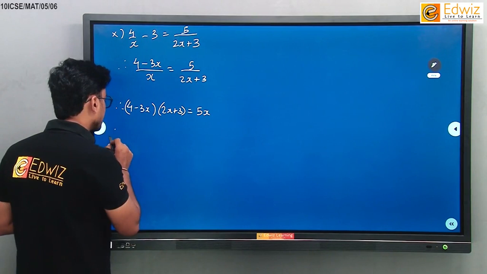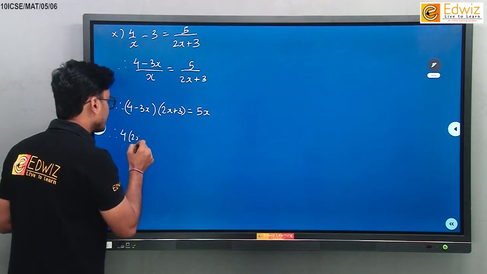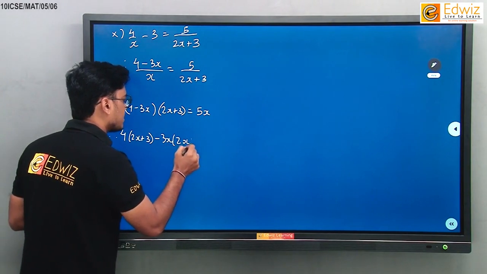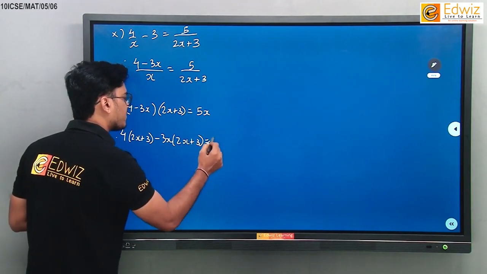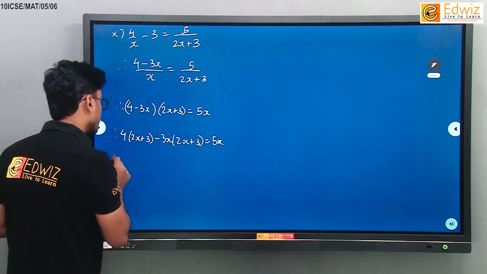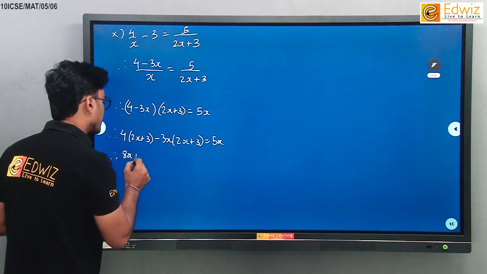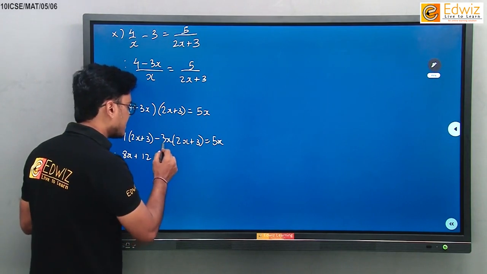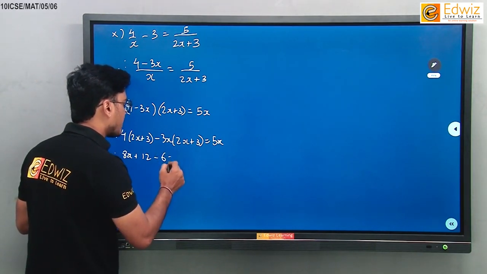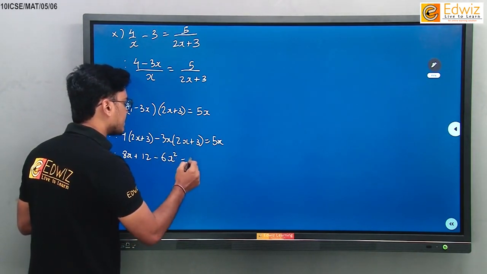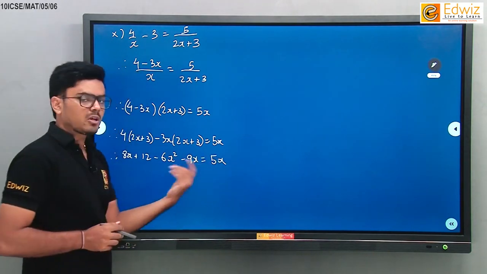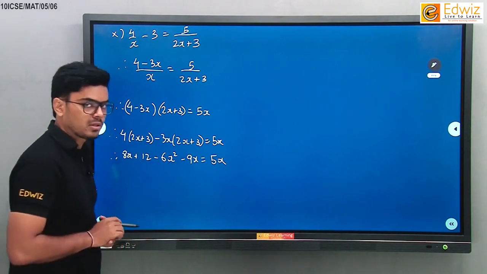Open these two brackets: 4 multiplied by 2x plus 3, minus 3x multiplied by 2x plus 3, equals 5x. Okay, so this is 8x plus 12, I multiplied 4 here. Here it will be minus 3 2s are 6 x square, minus 3 3s are 9x, equals 5x. We need everything on one side, so bring this 5x also to the left side.